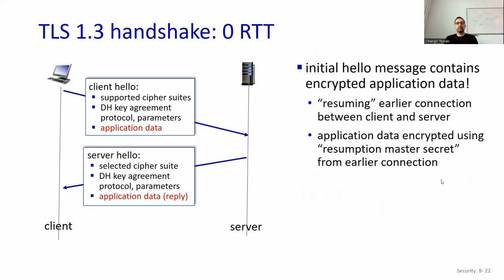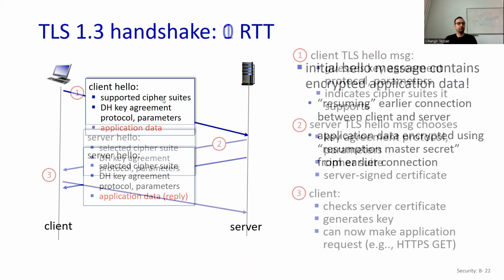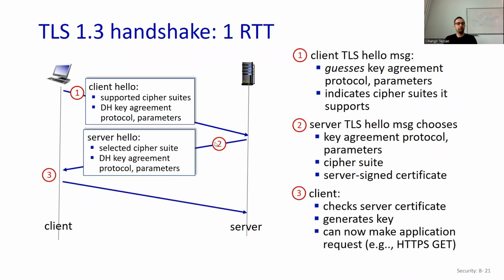The initial hello message contains encrypted application data, resuming an earlier connection between client and server. Application data is encrypted using the resumption master secret from the earlier connection. So if you continue with an earlier connection, we have zero round trip communication, right? Because otherwise you have to wait for the cipher suites to be selected.